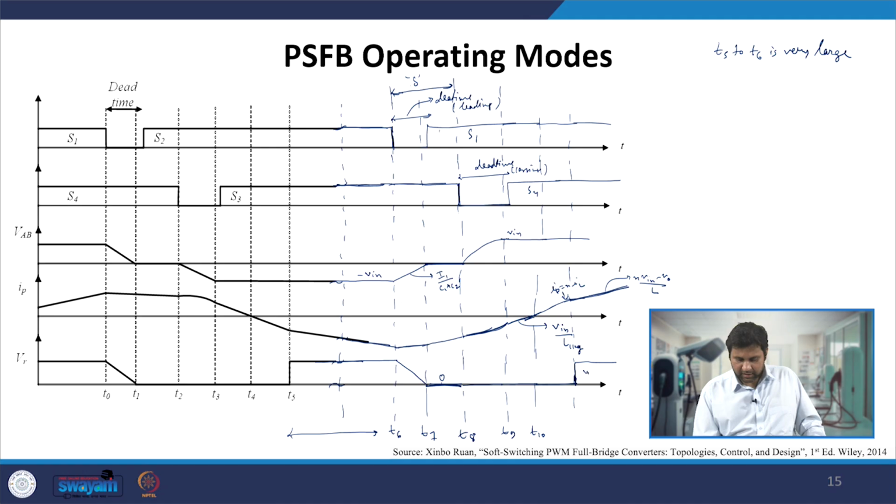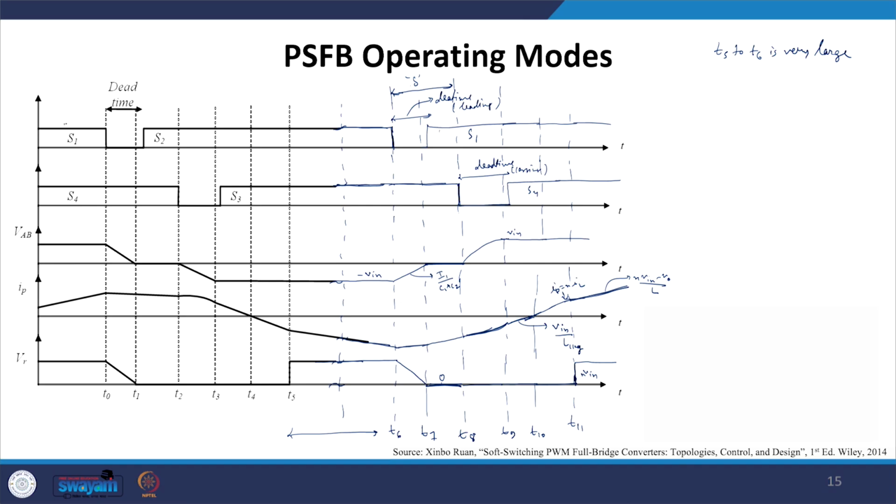That is when I now have n Vin voltage applied across VR, and this will keep going after T11, and after a Ts duration, again this will come into picture.